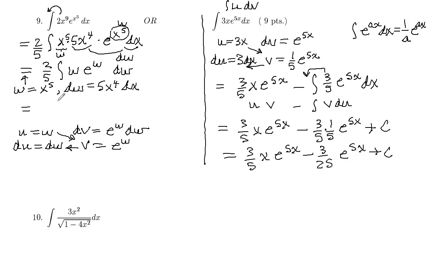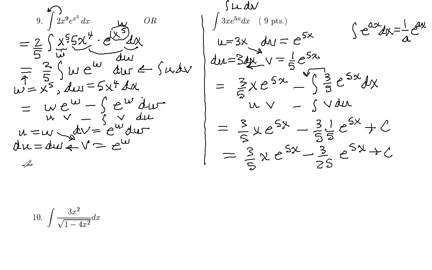So w e to the w minus the integral of v du, which is just e to the w dw. So again, this up here, that's our integral of u dv, and this is our uv minus integral v du.